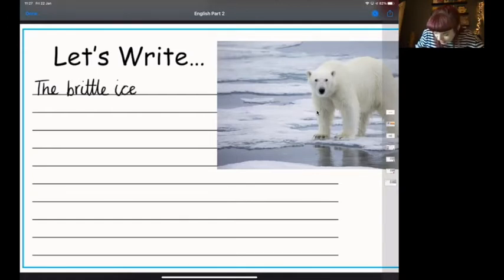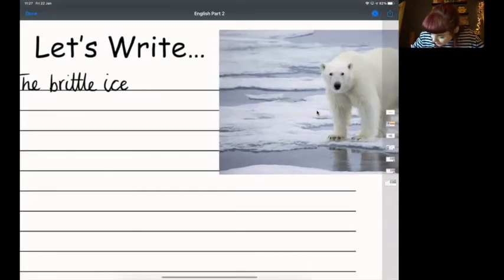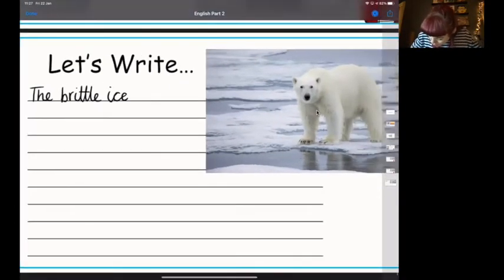ice. Now, the brittle ice is sort of, I can imagine with the polar bear padding on it using these big paws, it's probably going to crackle or crack in places because of the weight of the polar bear. So the brittle ice cracked under the.